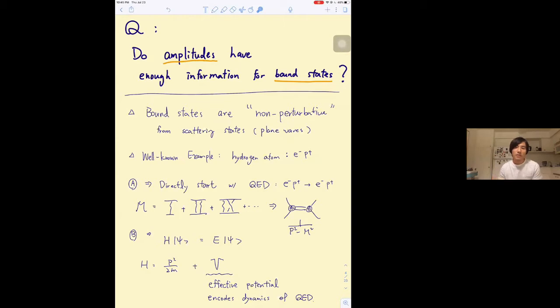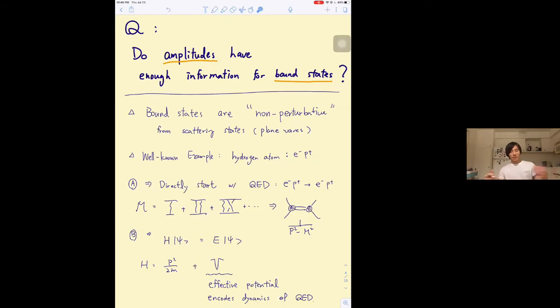So one way of doing that is we can study the corresponding electron-proton amplitude, this 2→2 amplitude. In a certain limit, the amplitude is dominated by this diagram. If you have full control of the non-perturbative amplitude, then in this case you can try to resum over these dominant diagrams.